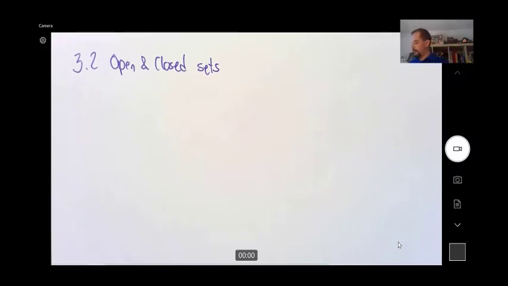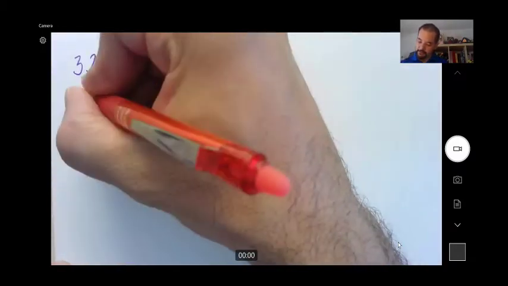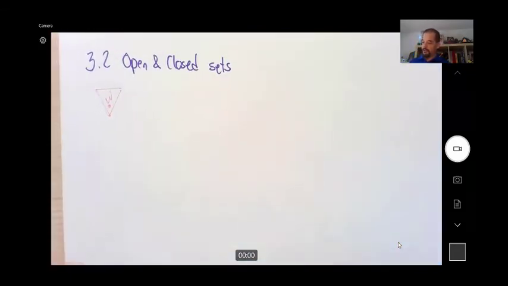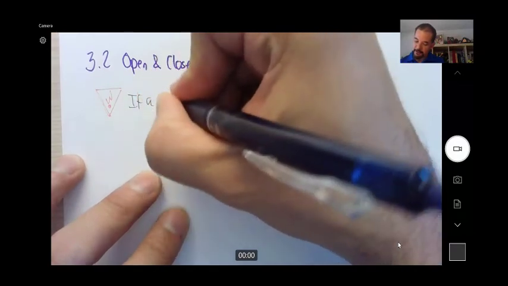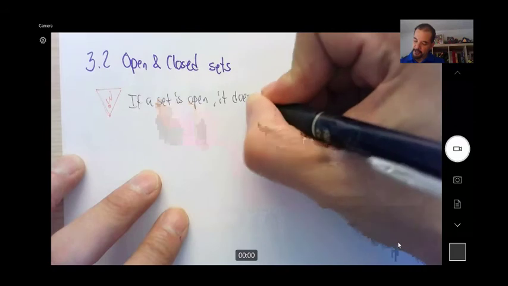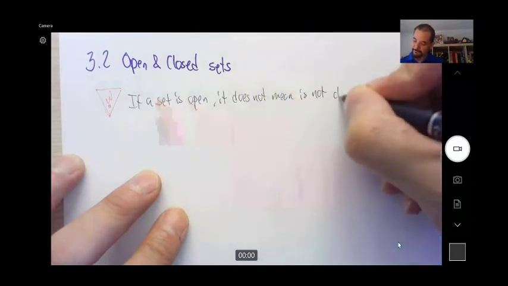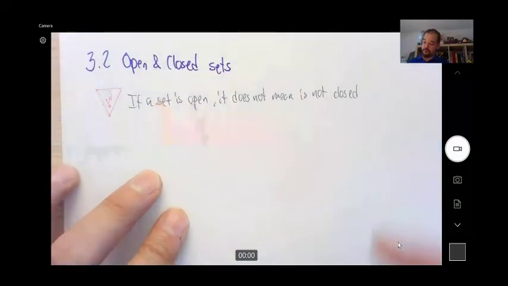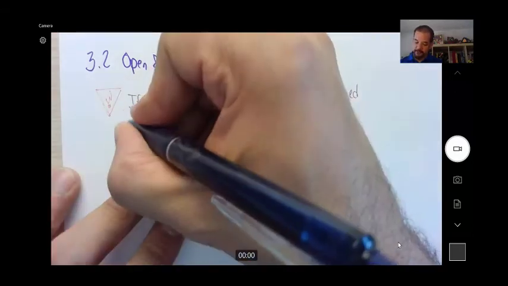So that's the first little warning that I should, even before I write the definition, put here. If a set is open, it does not mean it's not closed. And vice versa.